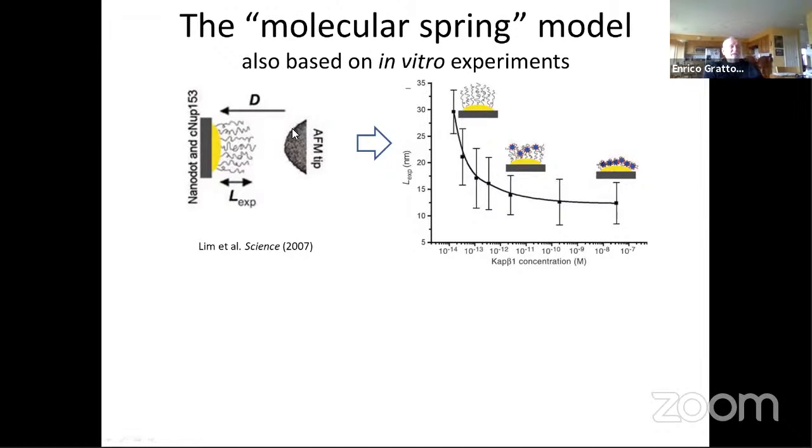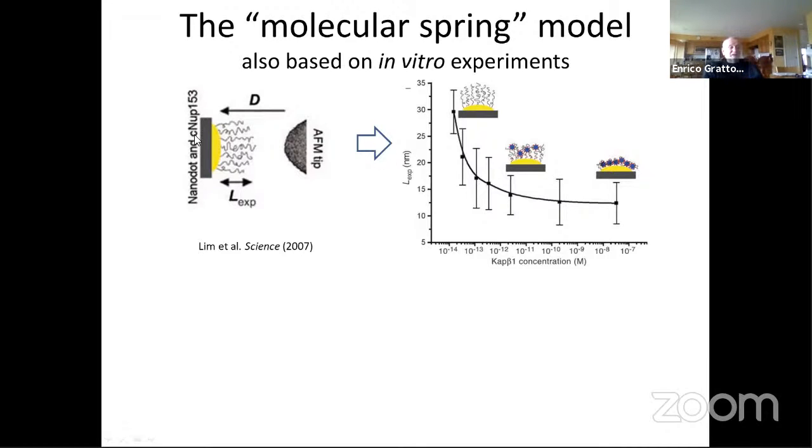You have the FG proteins with GFP, and then you approach with the AFM tip, which has a protein that interacts with the GFP, and you can see that as you get closer and closer, the extension of those proteins will change, and essentially you form something from this side to the other side, and you say this is the process that occurs.